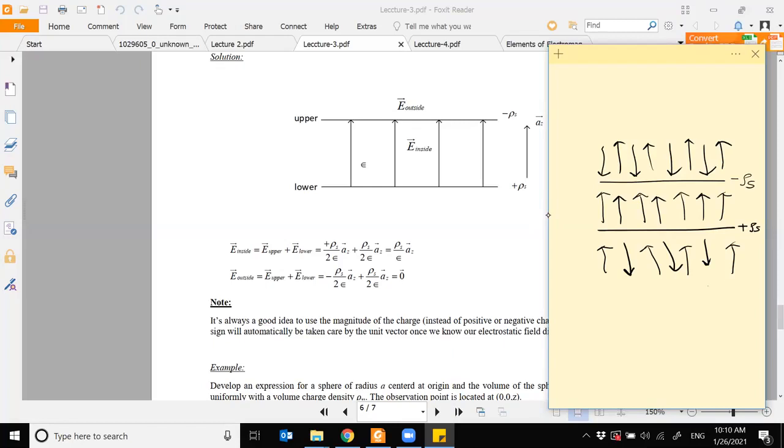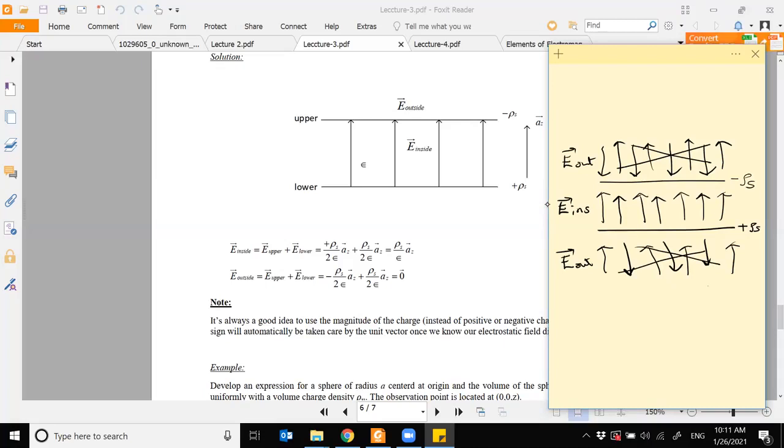Let us find the total field now, because this is E bar inside and this is E bar outside, and this is also E bar outside. What do you see? The electric field outside cancels because they are in opposite directions. Here also, they cancel each other.